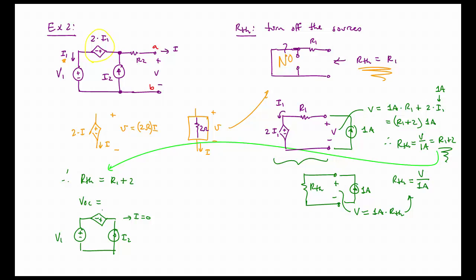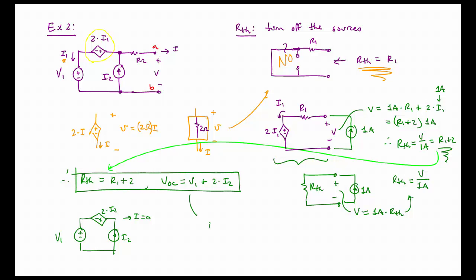And this voltage is really just then 2 times I1, which is I2 in this case because it's the same current. So V open circuit is V1 plus 2 times I2, and that is what we found previously.